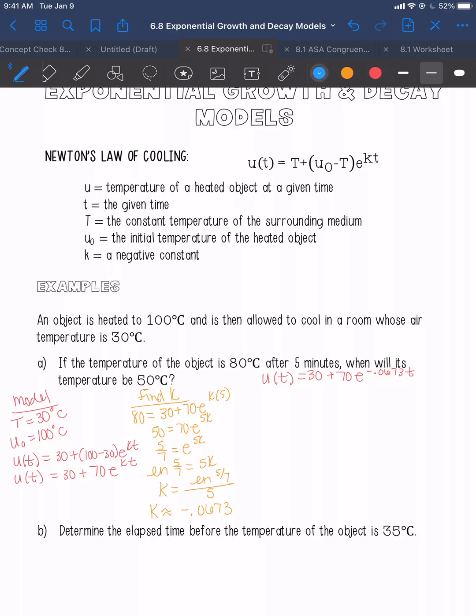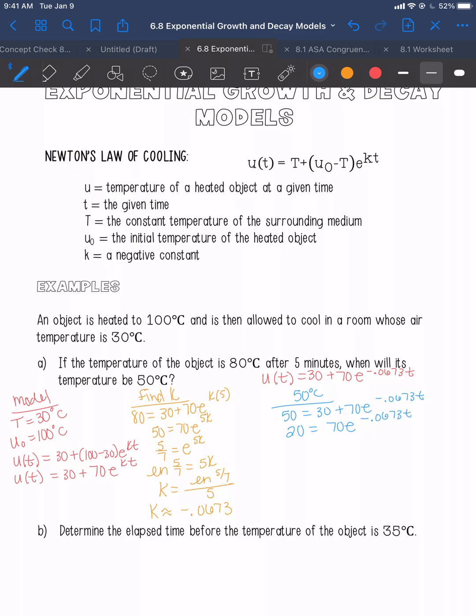So next here, when will its temperature be 50 degrees Celsius? We're going to take 50 and set it equal to our model there, 30 plus 70e to the negative 0.0673t. Subtract 30 from both sides. 20 equals 70e to the negative 0.0673t.